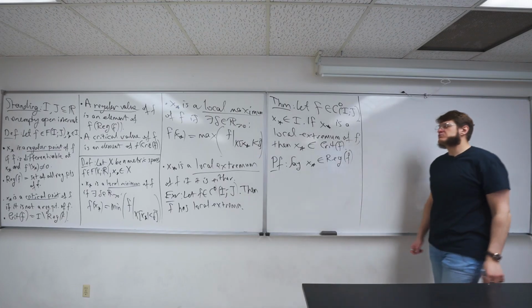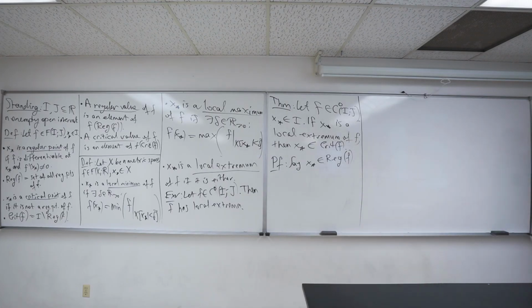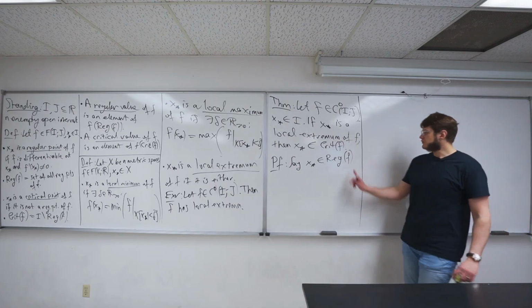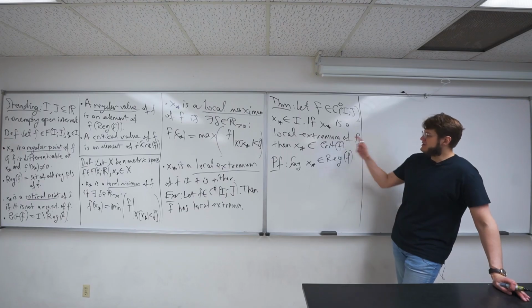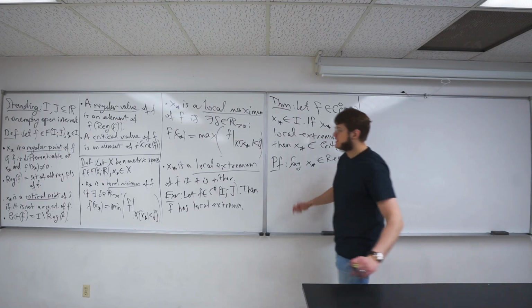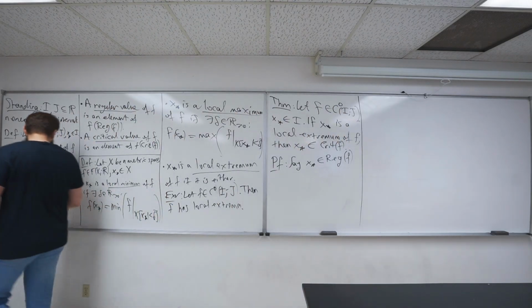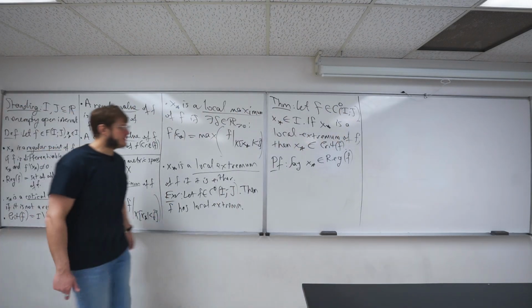Say x star is not a critical point. In other words, say x star is a regular point of f. This means that f prime at x star exists and is not 0. That's what it means for x star to be regular. It's a nice input value.